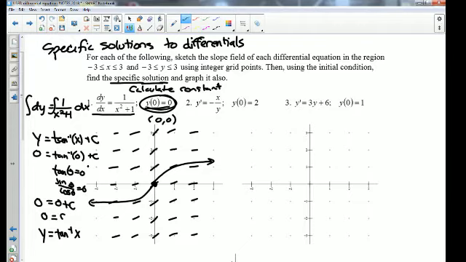What boundary? You said that it wasn't in the boundary. Negative 3 to 3. Pi is not in that. Okay.